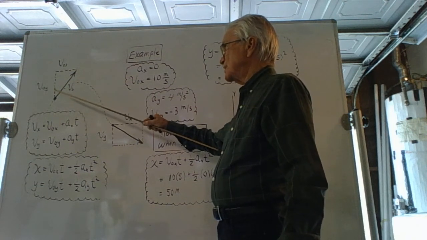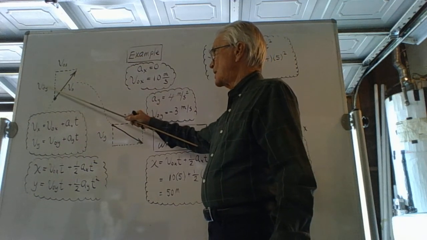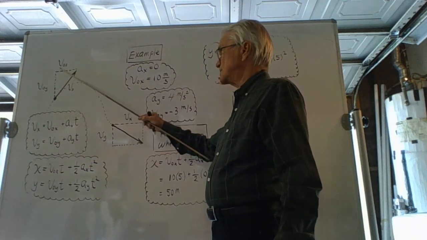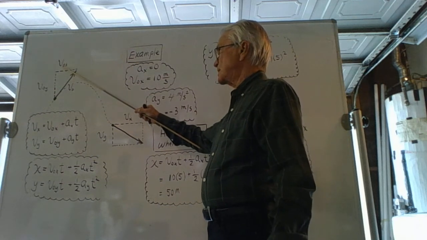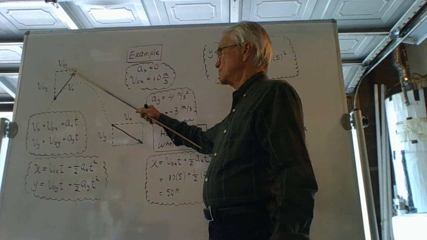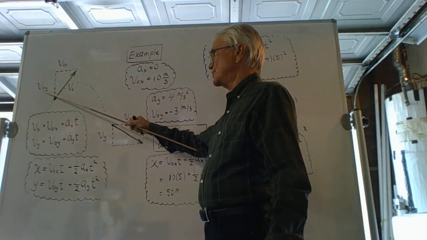That velocity vector has an x component and a y component. We symbolize the x component of the initial velocity with a subscript x after the naught symbol. Likewise for the initial vertical velocity or y velocity.